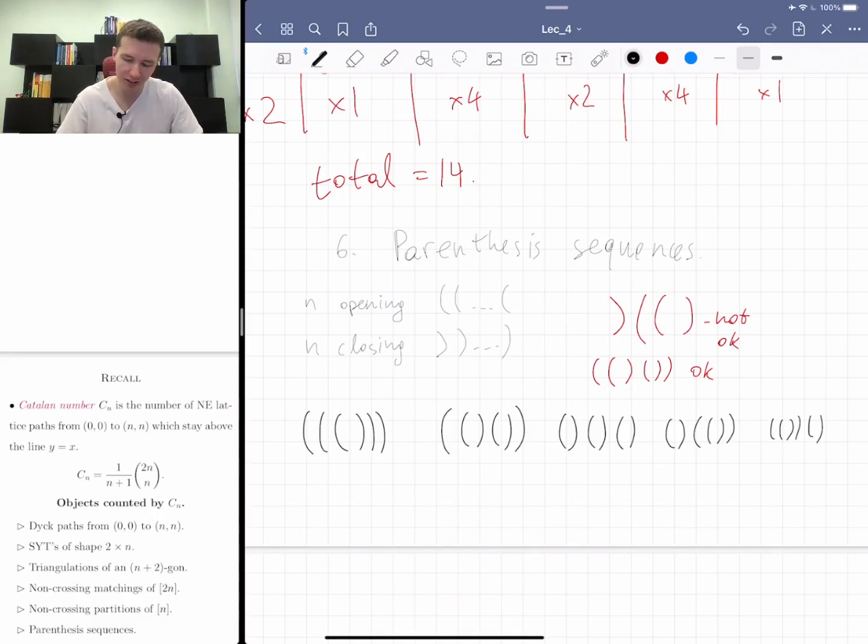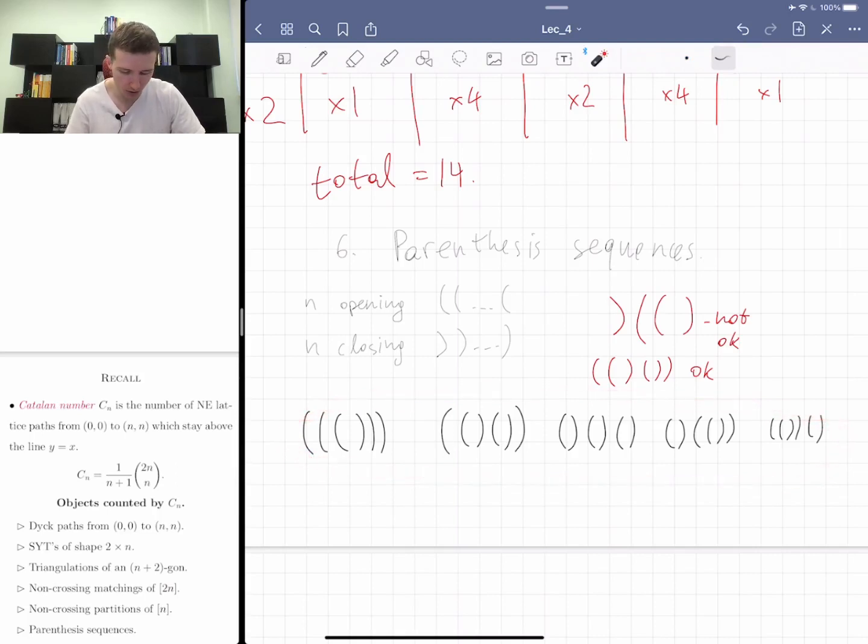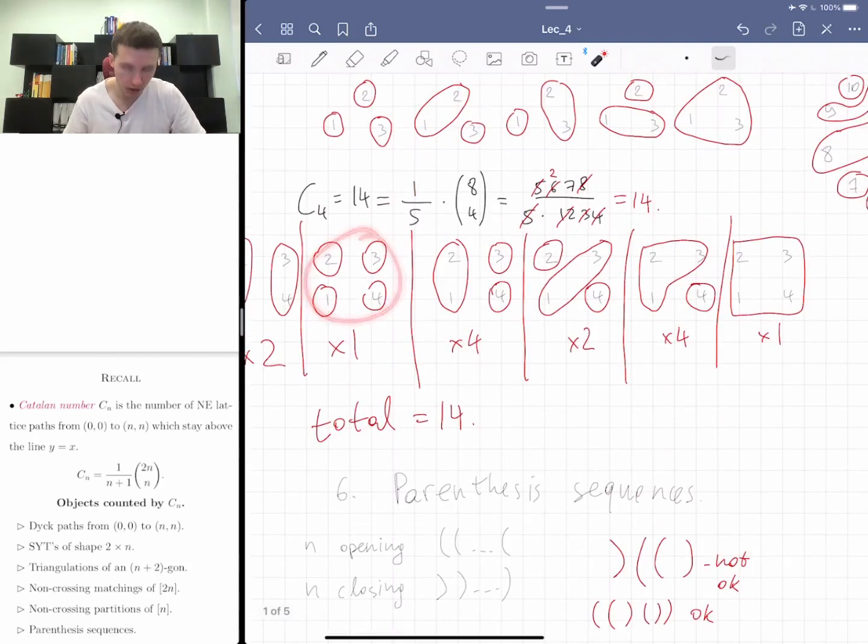Again, it's pretty easy to see that such parenthesis sequences are in bijection with Dyck paths. If you make every opening parenthesis into a north step, and every closing parenthesis into an east step, then 3 north and 3 east would give you a Dyck path which goes up and then to the right. So you can map them pretty easily to Dyck paths. But it's still hard to do this for the other objects I mentioned.